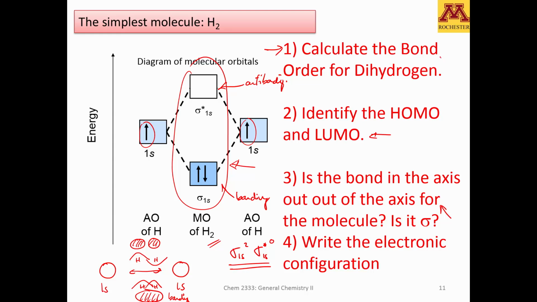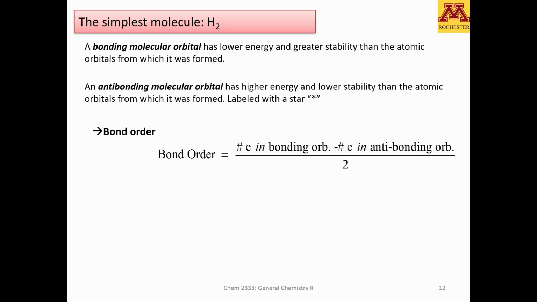So let's see how we can calculate the bond order for this molecule. The bond order is calculated by adding the electrons in bonding orbitals, subtracting the electrons in anti-bonding molecular orbitals, and dividing by 2.